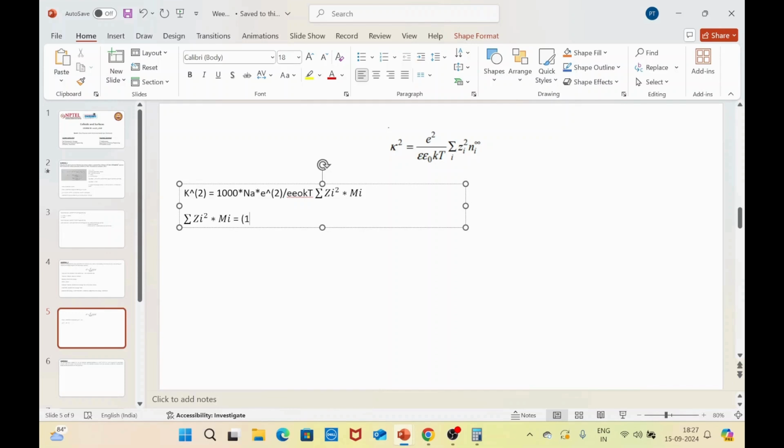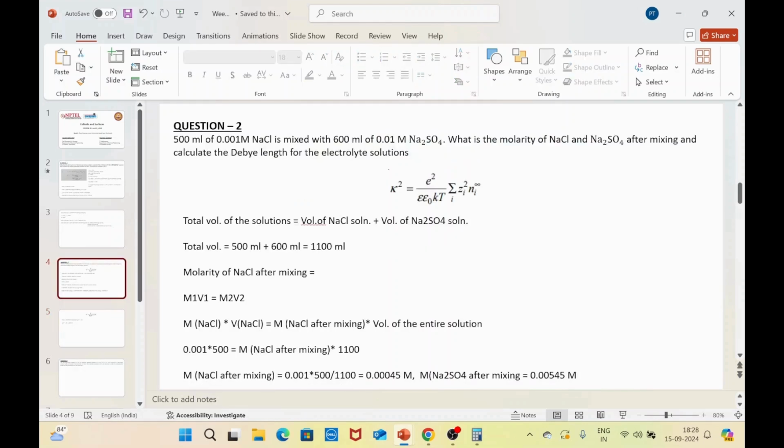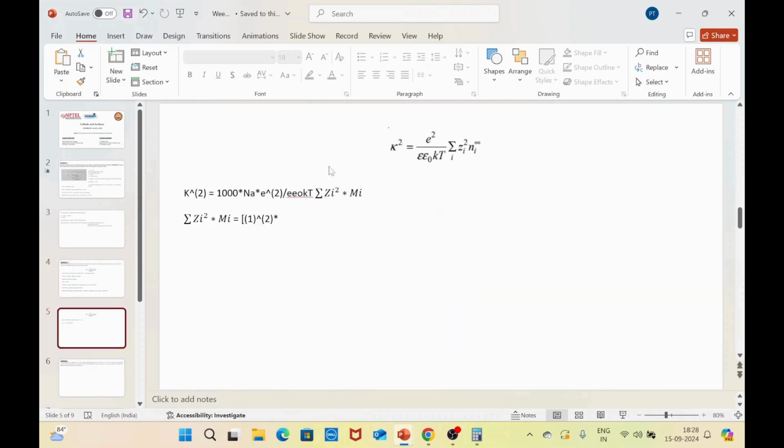So it will be plus 1, the whole square. This is for your Na plus ions times the molarity, that will be 0.004545, plus minus 1, the whole square.